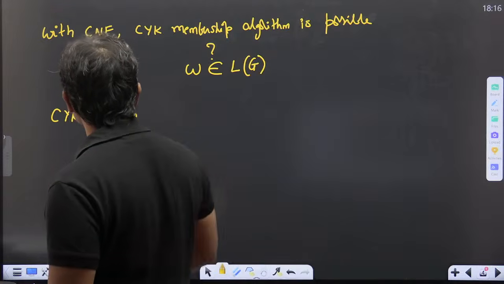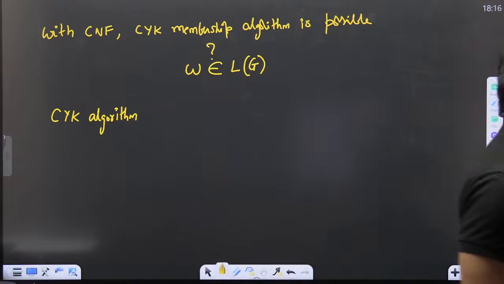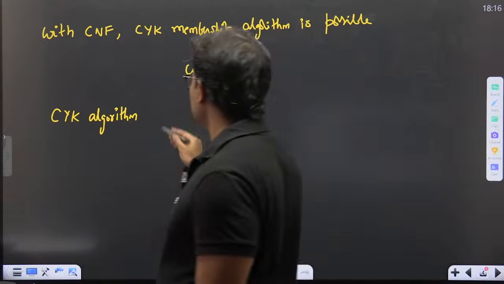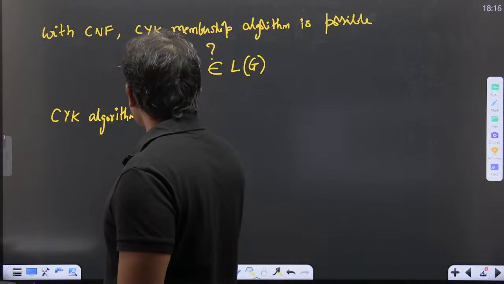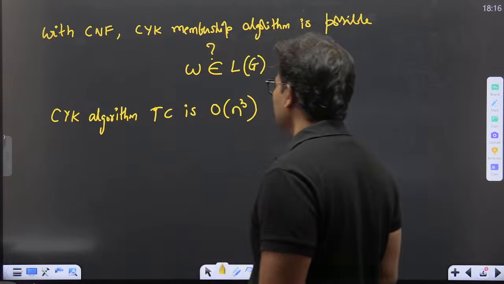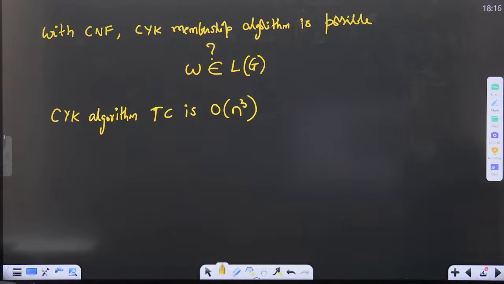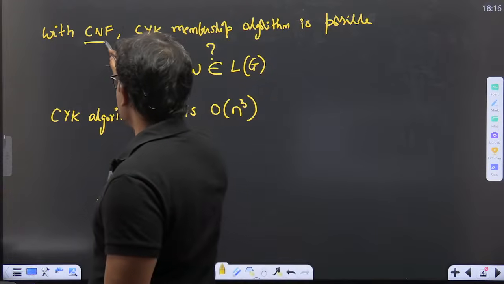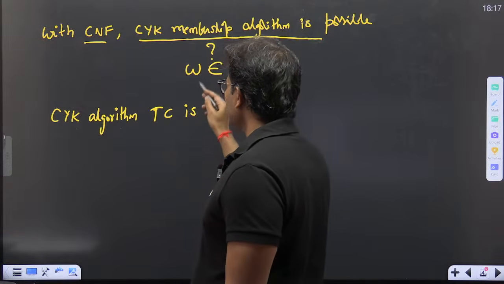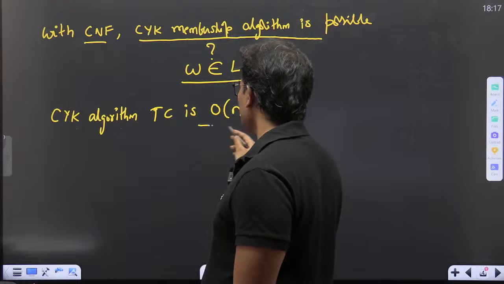The CYK algorithm time complexity is order of n cube, which means if you have a grammar in CNF, you can apply the CYK membership method, and using that CYK algorithm, you can answer the membership question in polynomial time.